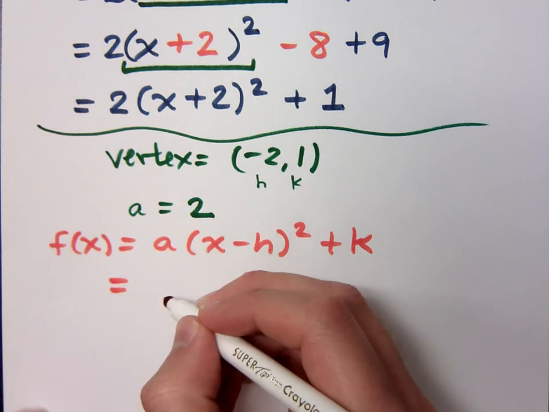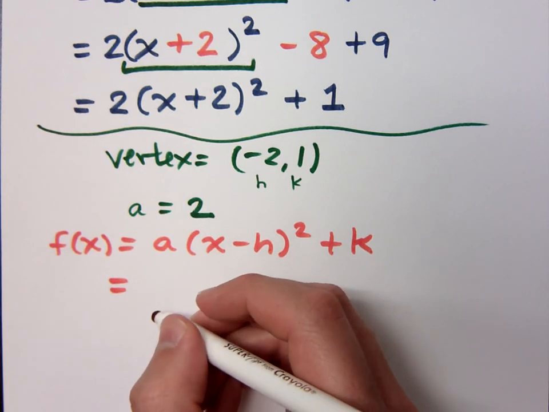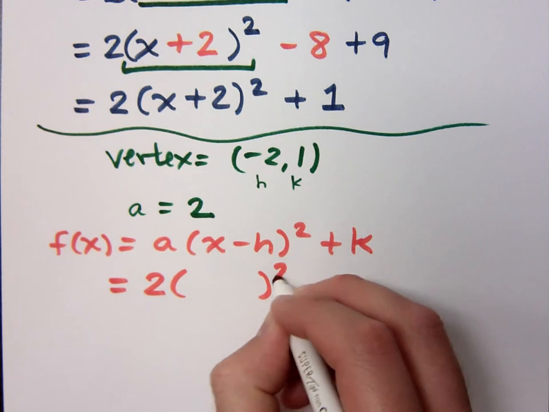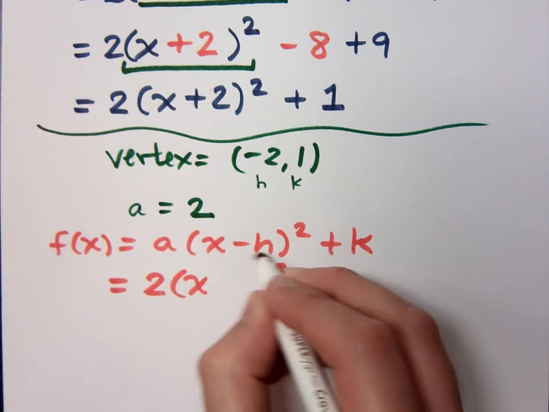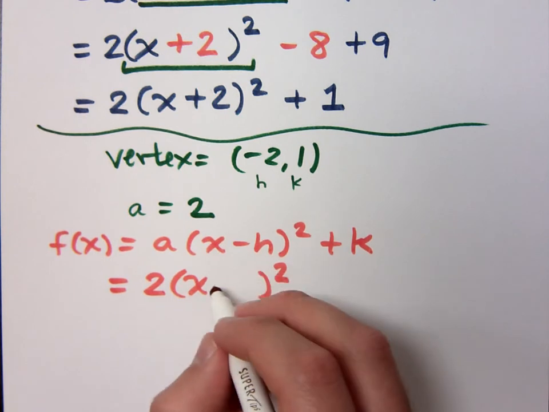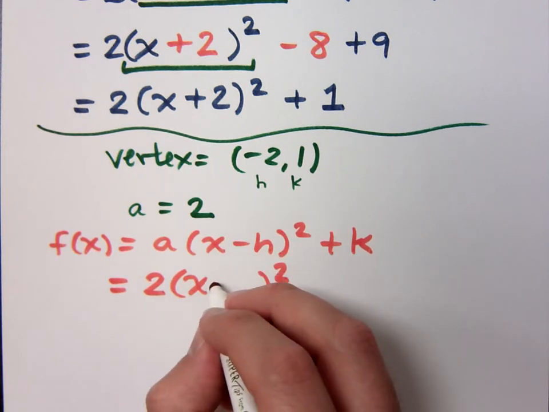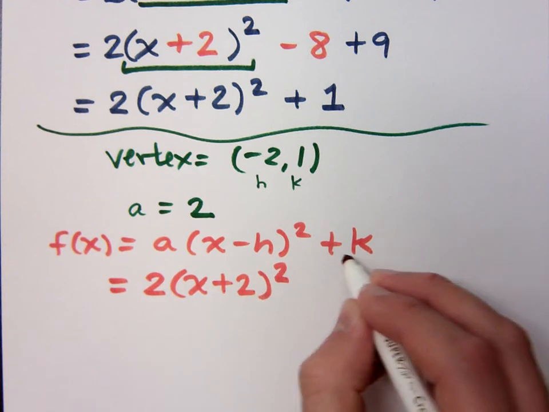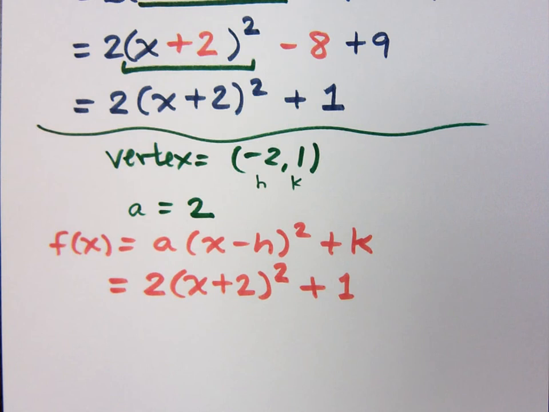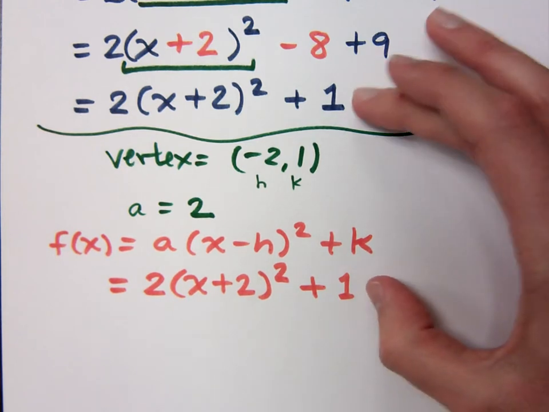What was your a? 2. x minus h. What's minus h if h is negative 2? Plus 2, and plus, what's k? 1. There you go. It's the same thing.